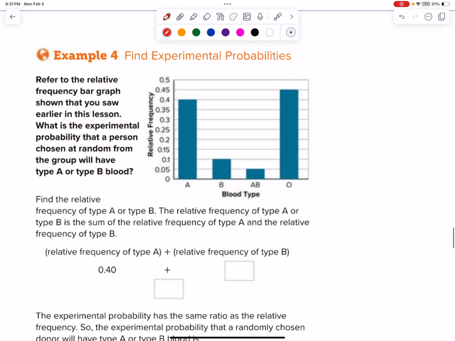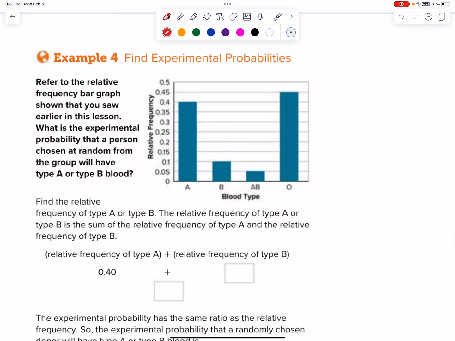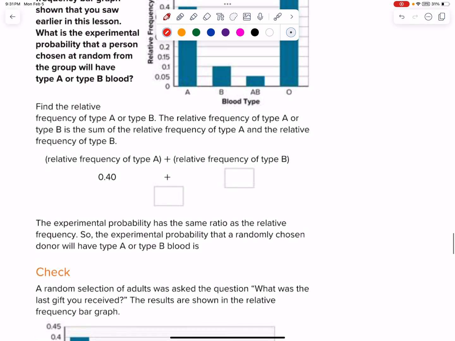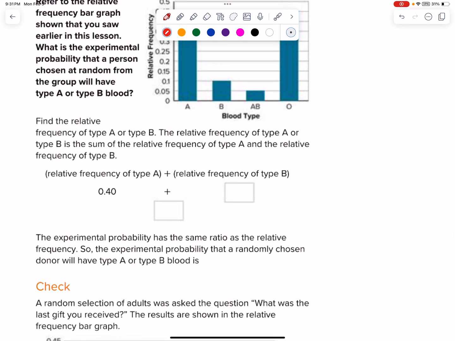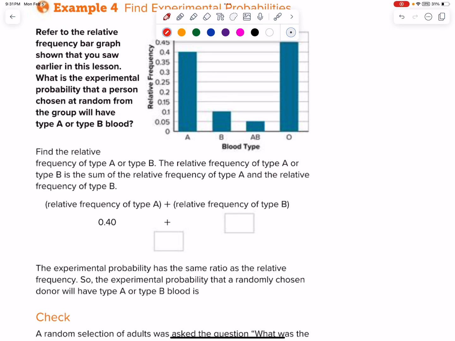All right, so example 4, finding experimental probabilities. So again, they want you to find the experimental probability based on the relative frequency of someone having type A or type B. Okay, so we go ahead and add those up.